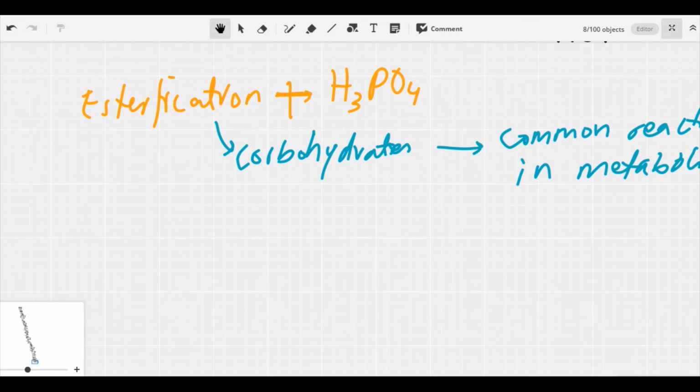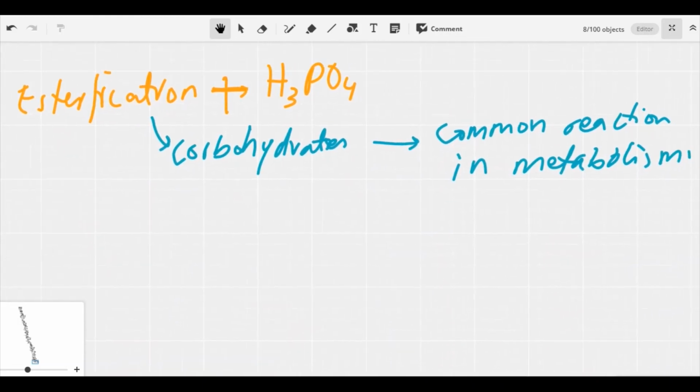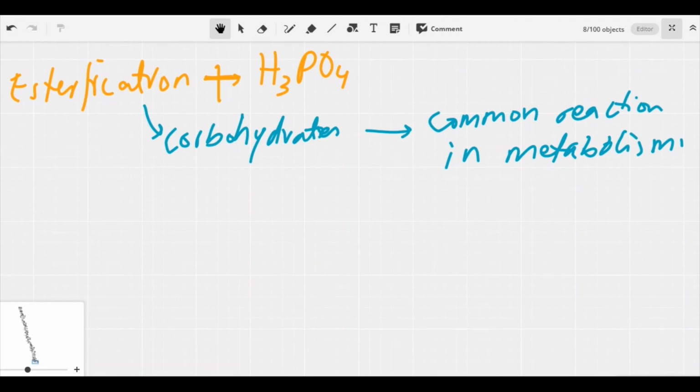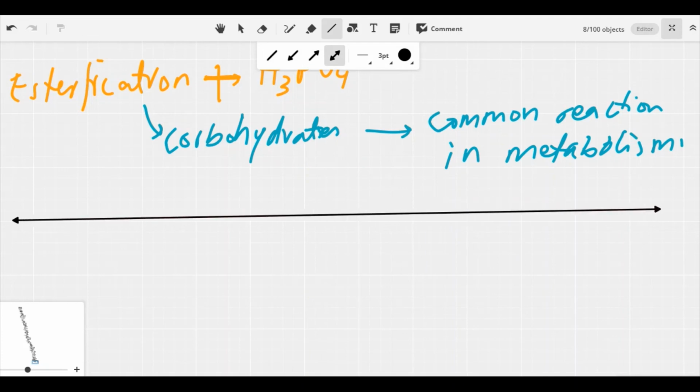Glucose 6 phosphate and glucose 1 phosphate are good examples in which ATP donates the phosphate moiety in the ester formations. If you don't know about ester formation, we will make a detailed lecture on the esterification process in the next videos. That is the last chemical property of the monosaccharides.